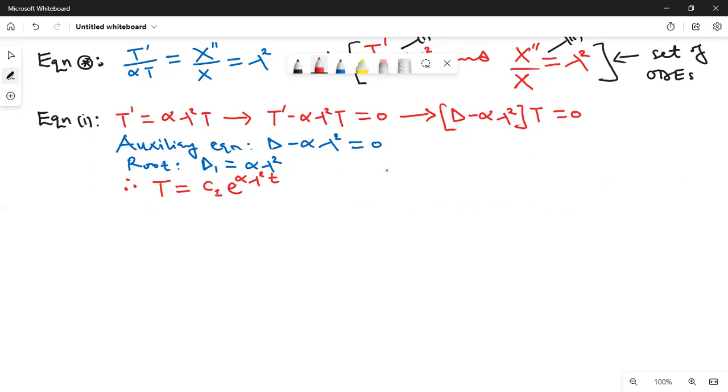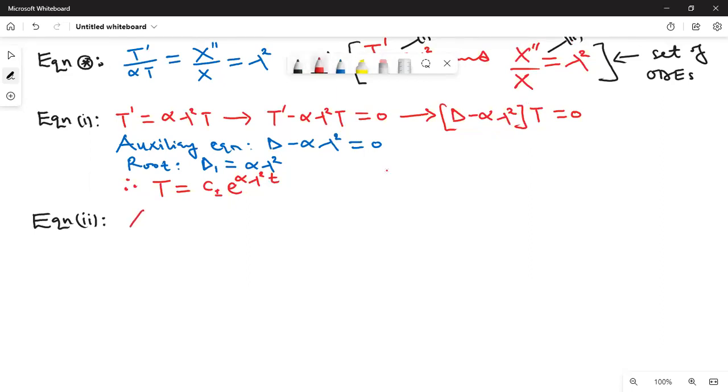Let's solve equation Roman 2. So you write equation 2. If you cross multiply that equation 2, what are we going to get?